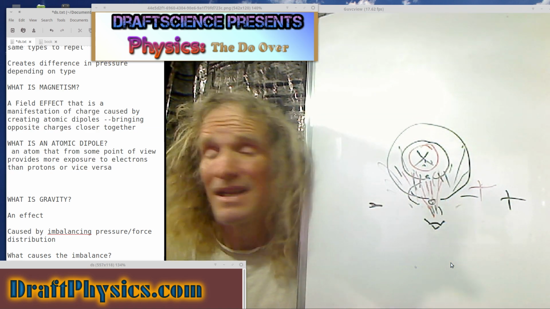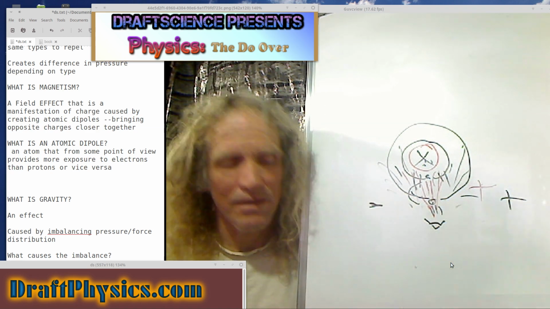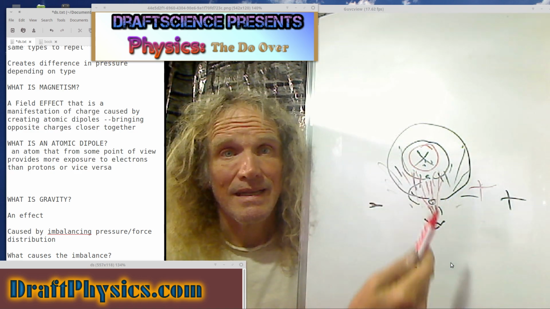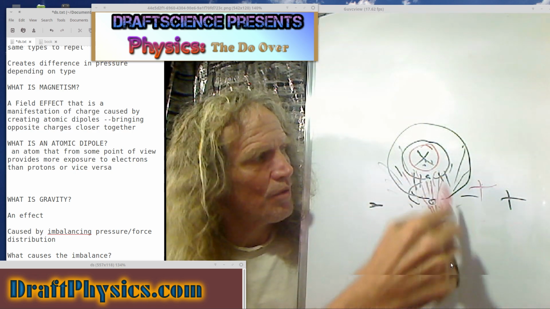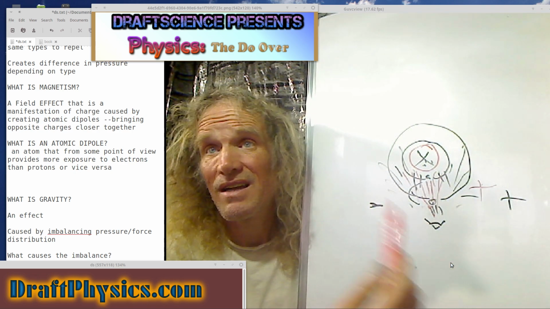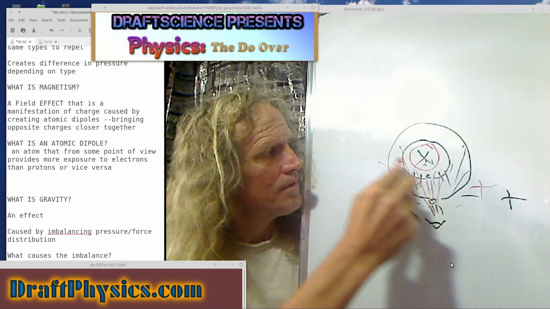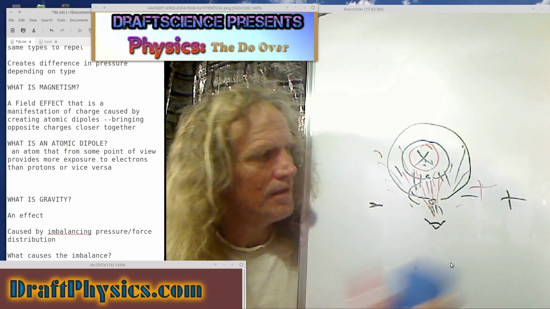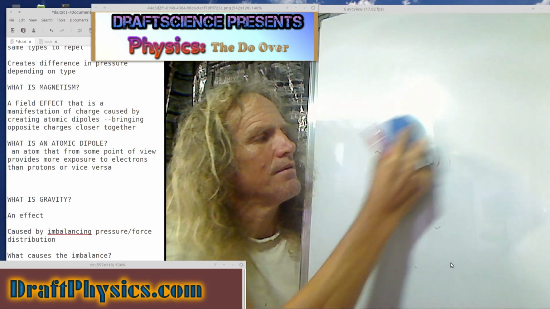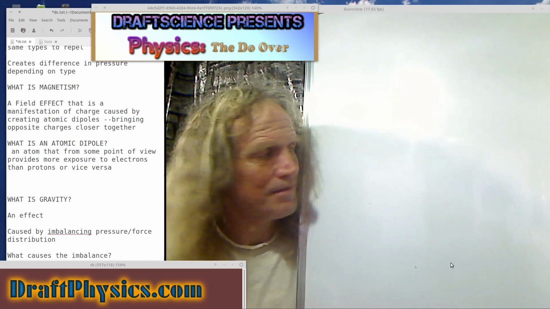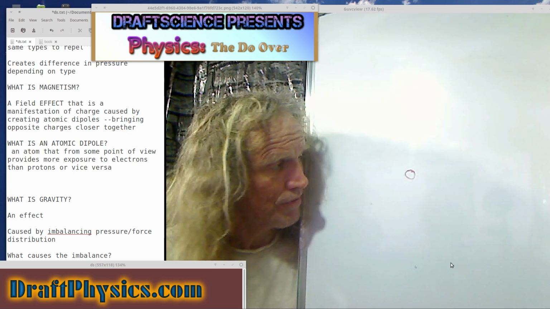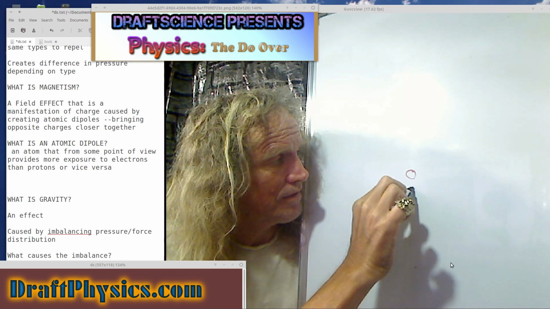That's a form of ionization, or a form of polarizing an atom. And I would argue this is what causes electricity, which I didn't define in this group. In electricity, all you're really doing is expanding and contracting protons and electrons, so you're just changing the size of the atom.